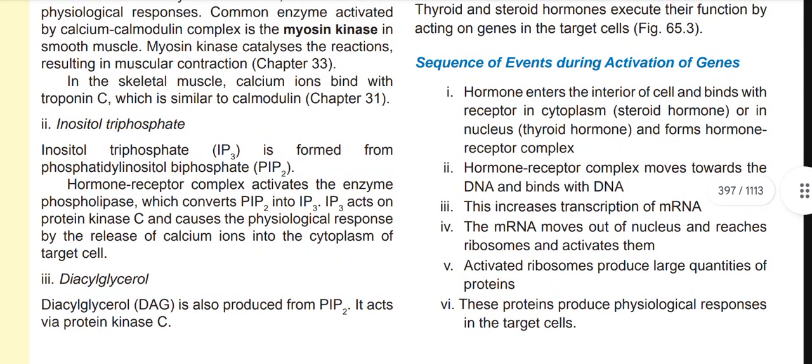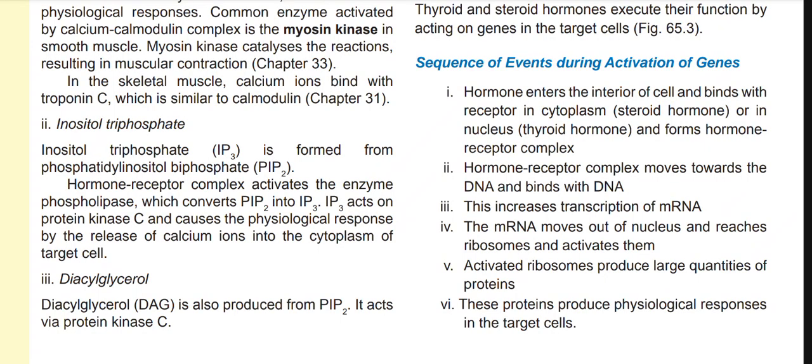So the sequence of events in the activation of genes: hormones enter into the interior of cells and bind with the receptor in the cytoplasm. For a steroid hormone, the receptor is present in the cytoplasm, and for thyroid, it is present in the nucleus. So there are two: if the hormone is thyroid, then the receptor is present in the nucleus. If the hormone is steroid, it is present in the cytoplasm.